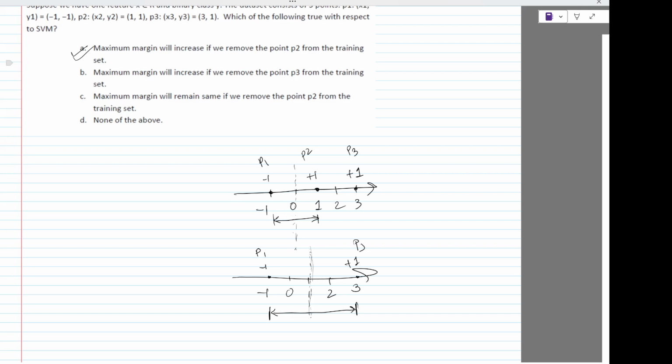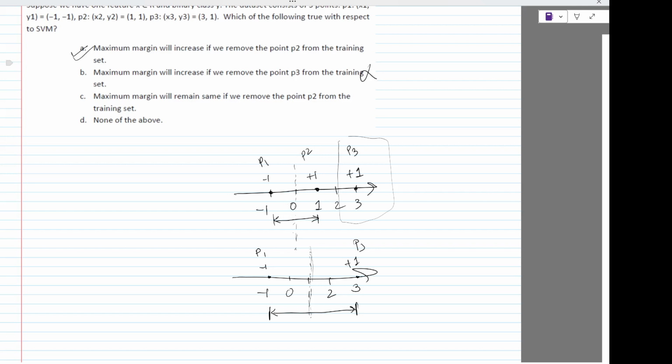Let's look at the other options also. Maximum margin will increase if you remove the point 3 from the training set. So if you were to remove the point 3, if you just forget about this point, still your decision boundary will be here only and margin will be the same. So this is incorrect.